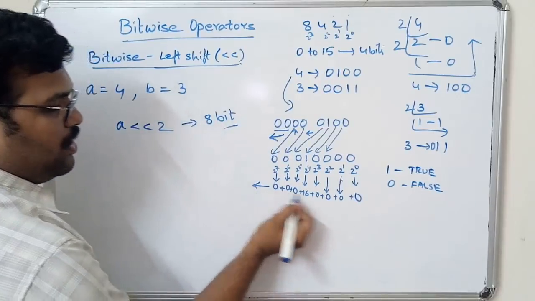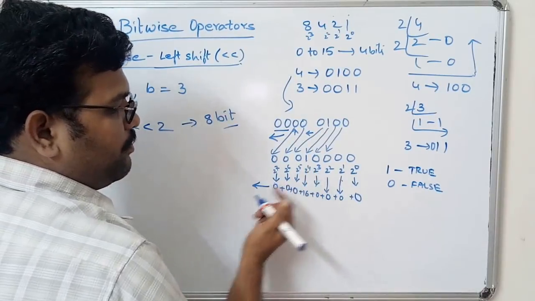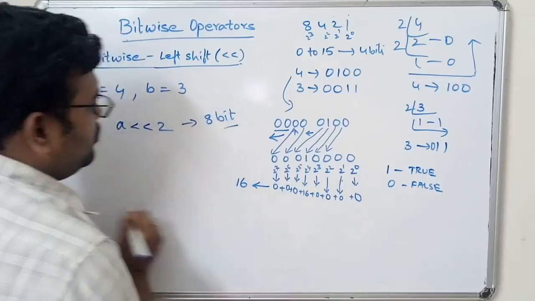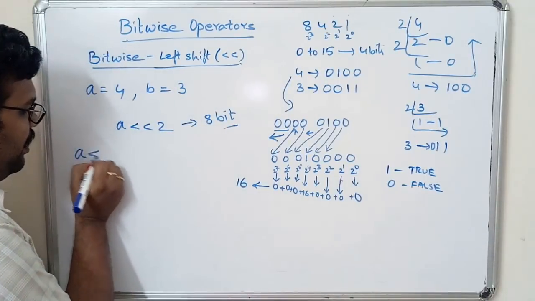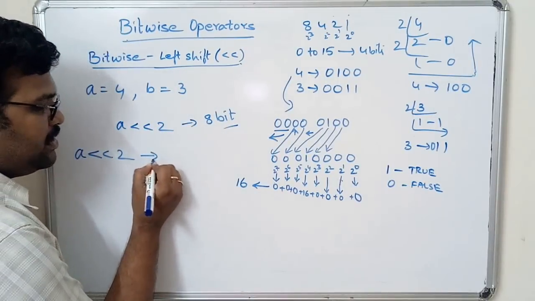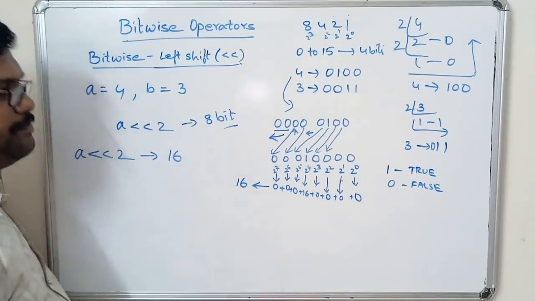If you add all these, we get 2 power 4, that is 16. So the result of a left shift 2 is 16.